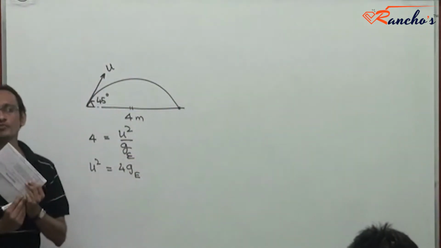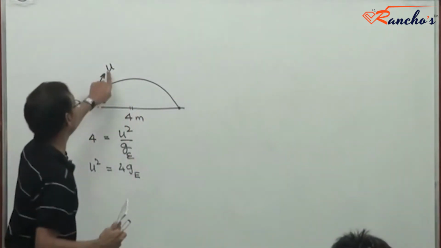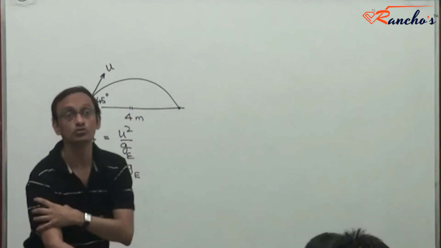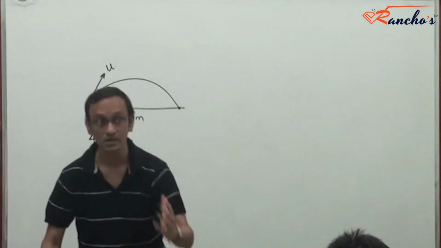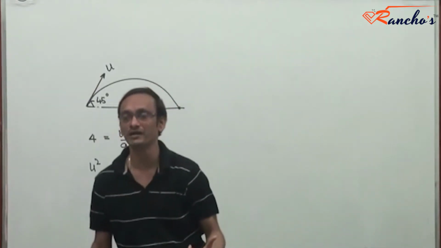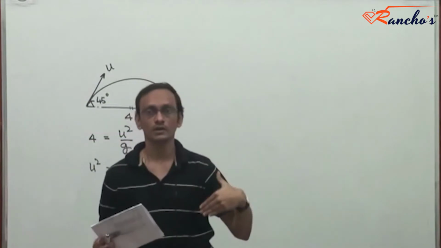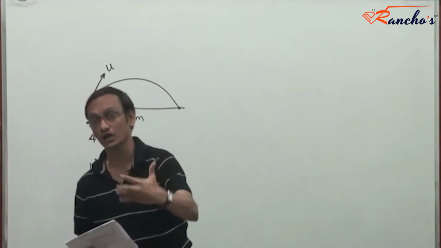Now, when he goes from the earth to some other planet, g changes, but his capability of u does not change, because that depends on the strength he packs in his arm. So he can give the same u. But now he wants to give a u in a manner that the particle is able to escape from the other planet.